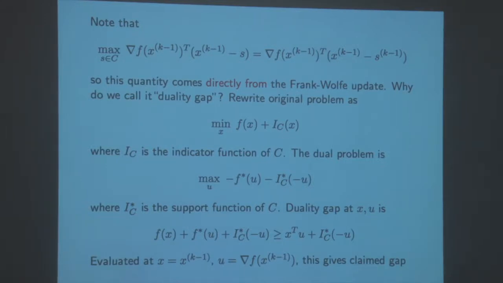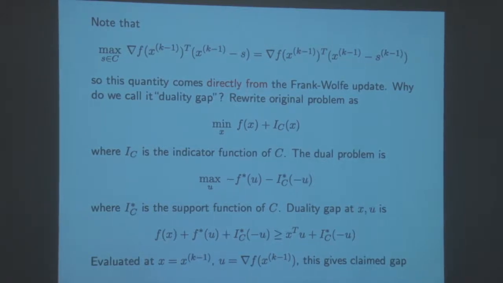From our work on duality and conjugates, we know that if we have a sum of 2 functions, f of x plus g of x, and I ask you to derive their dual, you should be able to do that in terms of their conjugates without thinking, because this is a generic rule we learned. I take the conjugate of one function and the conjugate of the other, and it's a max problem: the maximum of minus the conjugate of f minus the conjugate of the other, evaluated at, say, minus u and u. So I'm just reading off that rule. This is the dual.